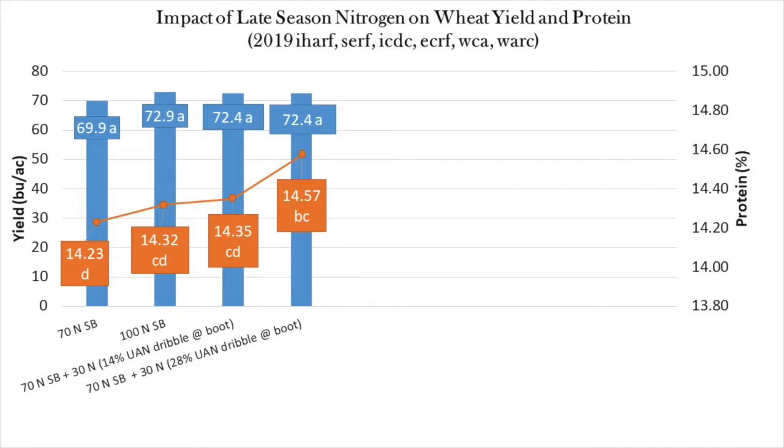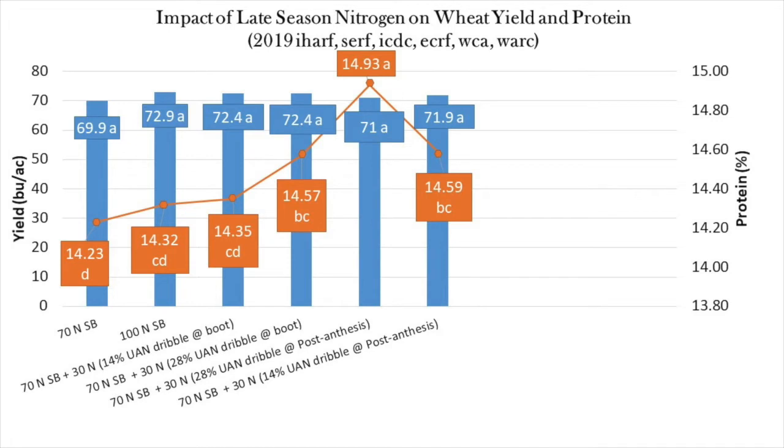But when we did some dribble band applications at the boot stage, we found that the concentrated application of urea at 20% nitrogen significantly increased protein. For some reason, the dilute UAN at 14% nitrogen when dribble banded did not increase protein. And I'm not sure why, but this effect also was apparent later on in the year.